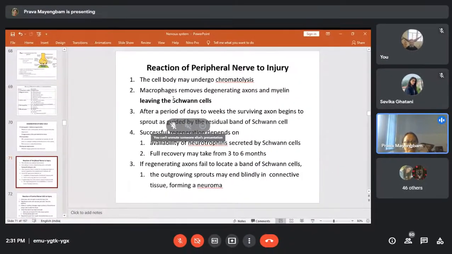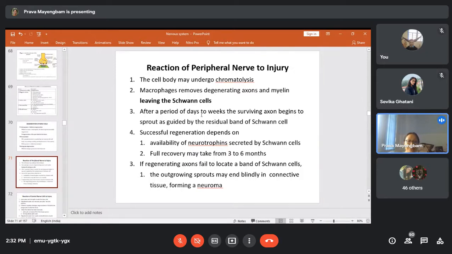Then the macrophages remove the degenerating axons and the myelin sheaths, leaving the Schwann cells. Here, the Schwann cells will help in the regenerating process. Okay, so initially when there is degeneration, macrophages will remove the degenerating axons and the myelin sheath, but the Schwann cells will be left.